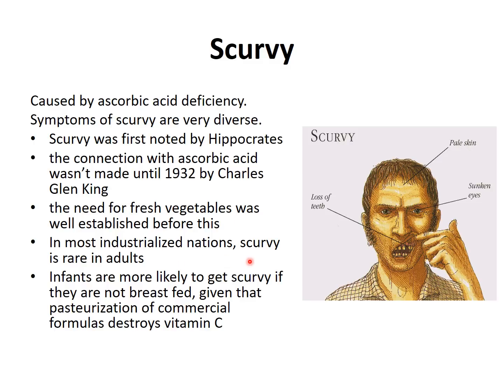So scurvy is rare. Scurvy can be an inherited disorder, though, if that particular enzyme for which we need the vitamin C is not there or not working or cannot bind vitamin C or cannot do the hydroxylation.